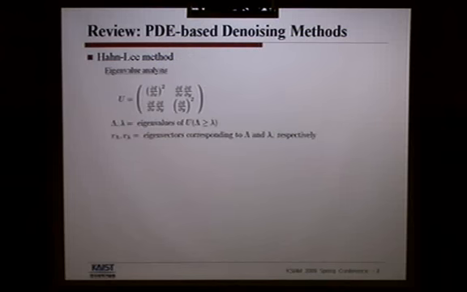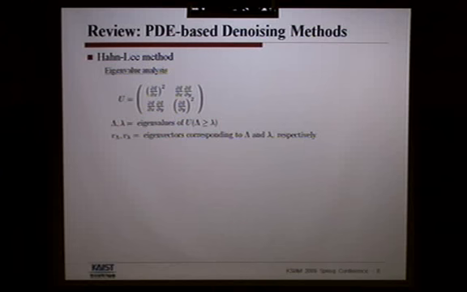Okay, so in the Han Li method, we have some eigenvalue analysis. So we have the maximum eigenvalue and minimum eigenvalue. If you compare them, then we can find where we have edges, where we have noise.